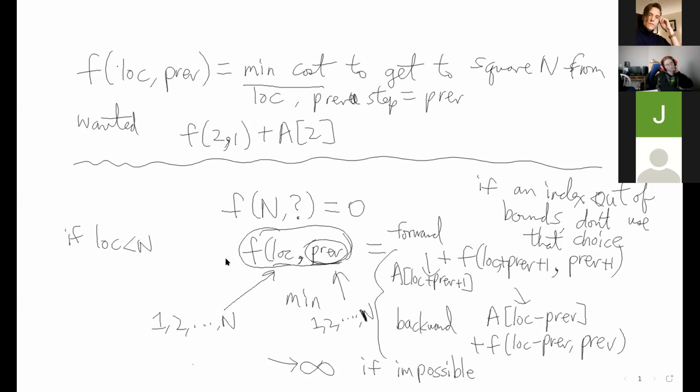So in dynamic programming, you typically write a recurrence like this, and then you ask, what are the possible values that you can put into the parameters? In this case, there are n choices for the first one, n choices for the second one, so there can be no more than n squared choices altogether.